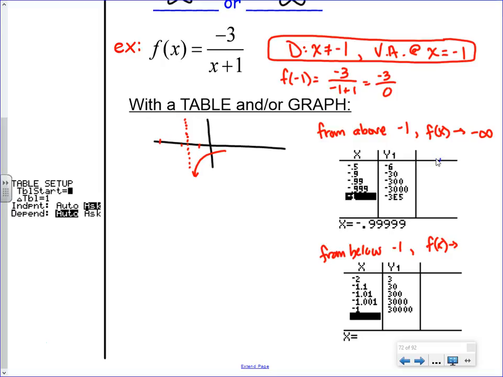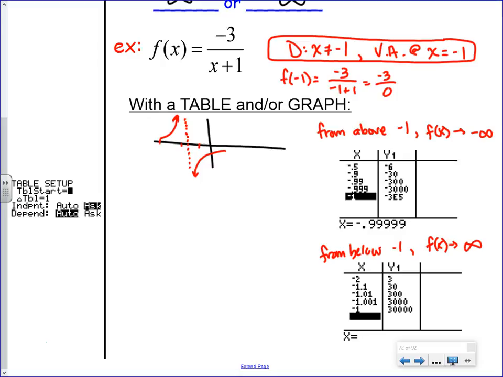I'm zooming in, right? -1.01, -1.001, and that's not -1 either, that's -1.0001. Had to round for the table. What's going on to your y's? They're getting higher. So where are the y's approaching? Positive infinity. So what's my function doing as it comes in? It's going up, right?